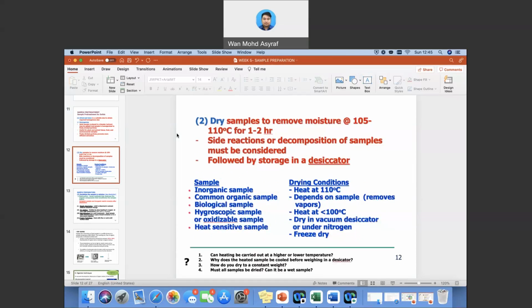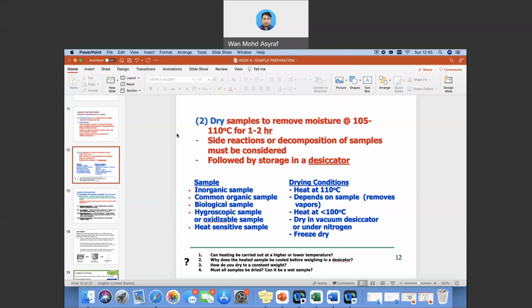All right. So after we have done the grinding and sieving, we dry the samples to remove the moisture. For example, biological samples have some water content in them. We need to remove the moisture as much as possible because this might decrease the concentration of the extraction yield.